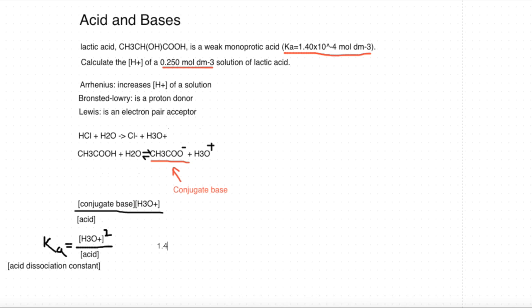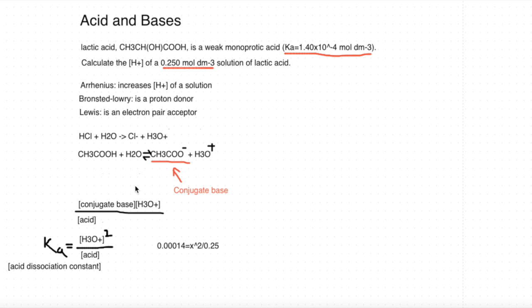So 0.00014 equals x squared over 0.25. If we take 0.25 to the left side, x squared is equal to, if I put the number into the calculator, 0.000035.